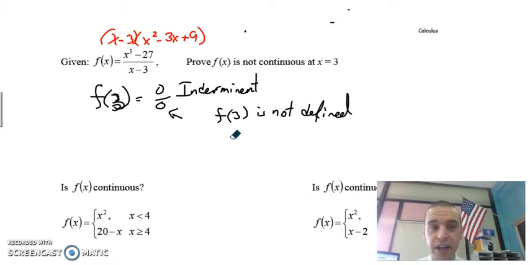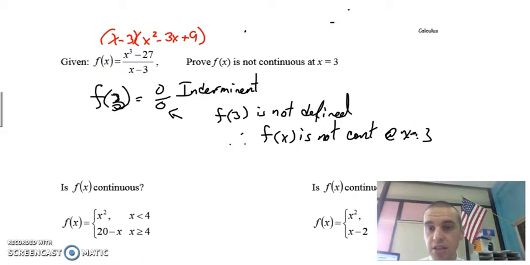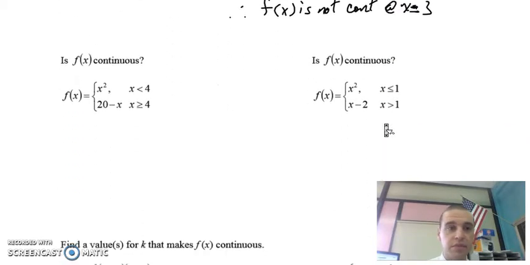If f of 3 is not defined, you've just proven that f of x is not continuous at x equals 3. That's it. Because you've taken one of the necessary steps and proven that it is not correct. So, done, over, move on.